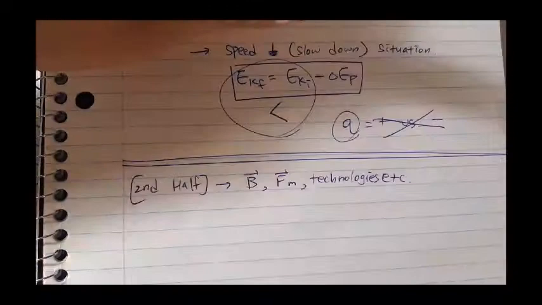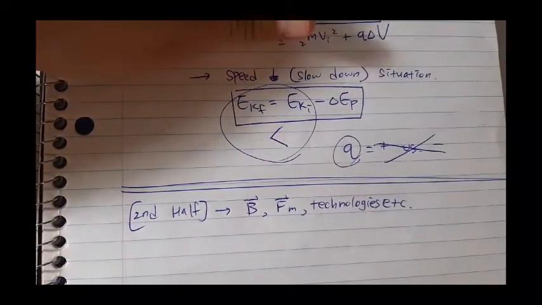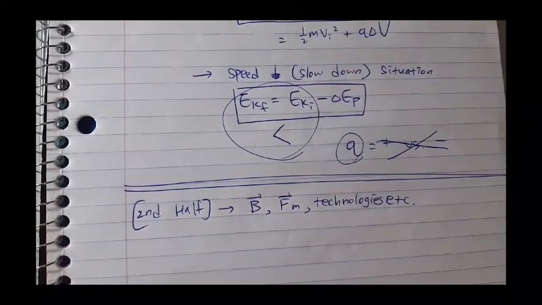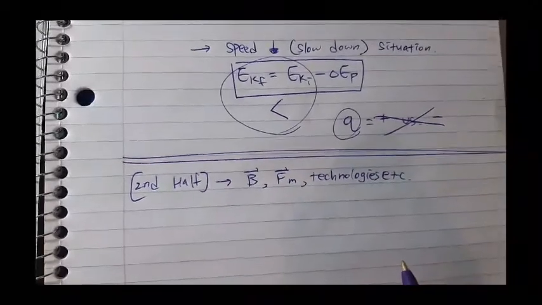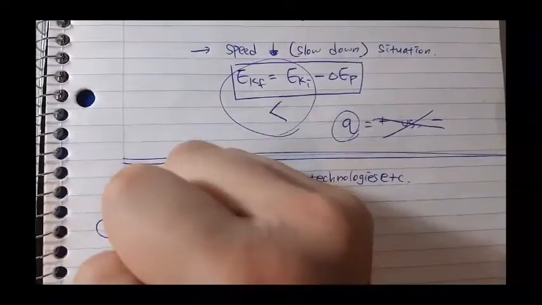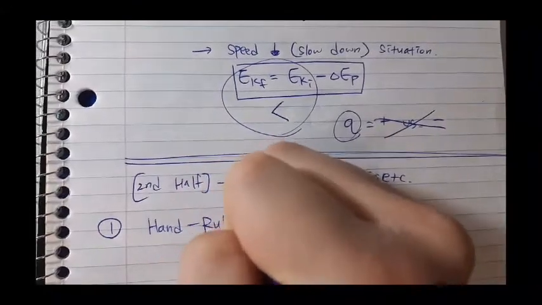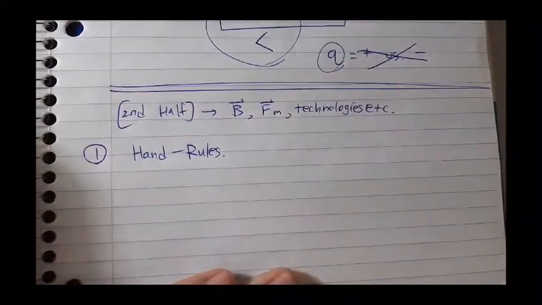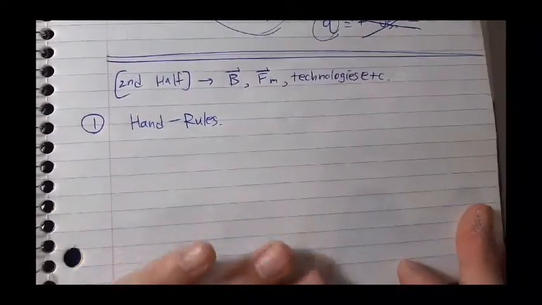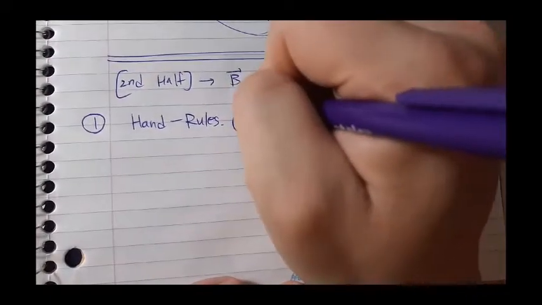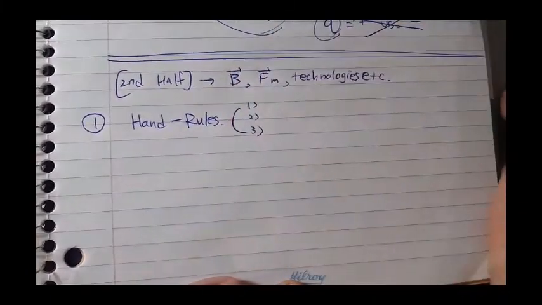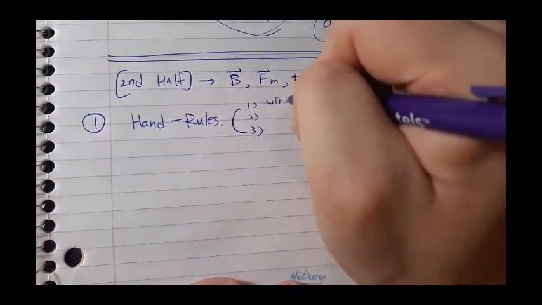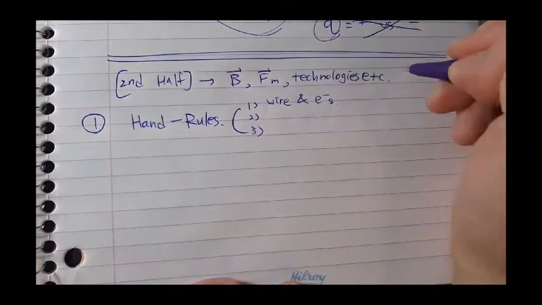One thing I want you to understand is the interaction between magnetic field, force, and charged particle. The very first thing we learned is the hand rule. These hand rules, ladies and gentlemen, definitely involve a lot of magnetic field. There are three different situations. The first involves a current carrying wire and electrons.